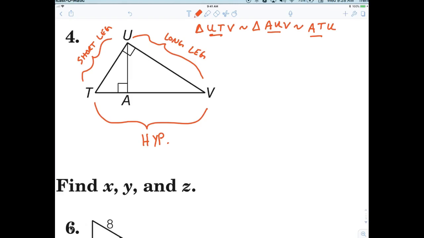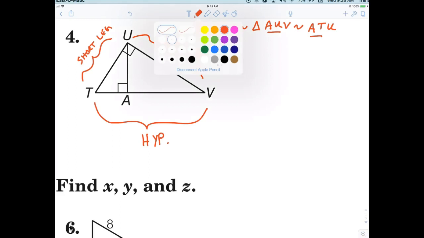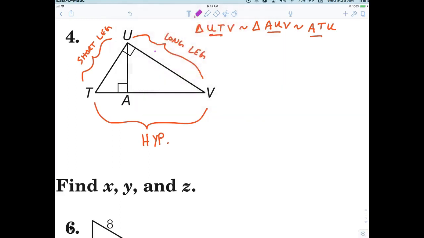All right, now I'm going to go to the middle triangle. On the middle triangle, this is the what? Hypotenuse. This is the long leg, and this is the short leg. Now, why is this hard for kids? Because the long leg is also the what?